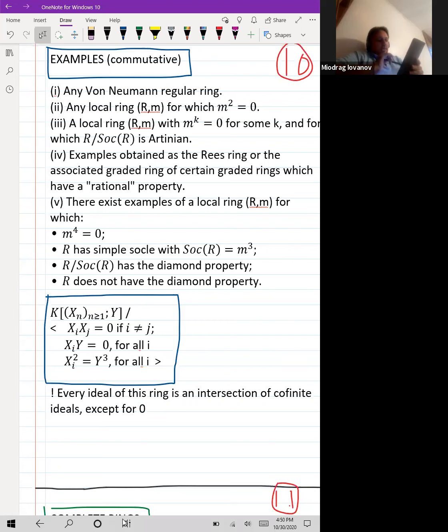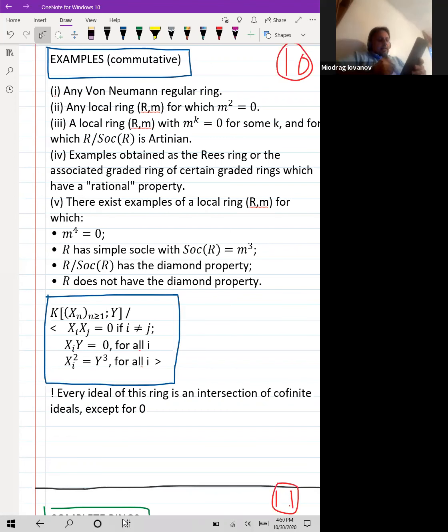So every quotient has the diamond property except for the quotient by the zero ideal. R doesn't have the diamond property, but every proper quotient has the diamond property. So this is very sensitive to constructions, and this is the example that I highlighted in blue. You have this simple socle again, and then if you mod out by m cubed, you can show that this has the diamond property.